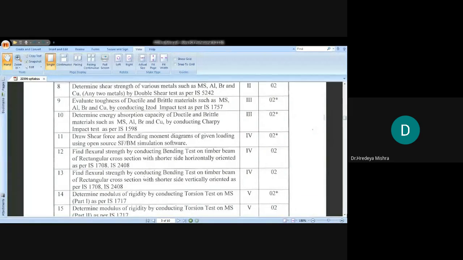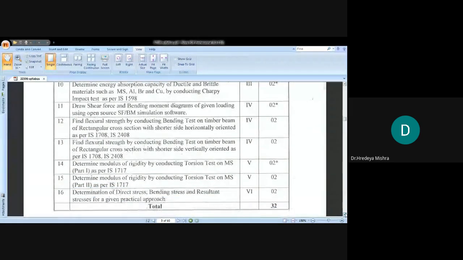Find fracture strength by conducting bending test on the timber beam. Timber means wooden beam of rectangular cross section with shorter side horizontally oriented as per IS standard 708 and 2408. This is the IS standard. We go in detail when we perform this test.